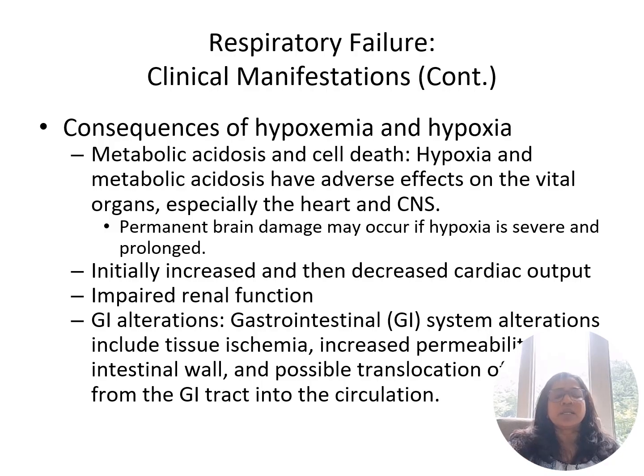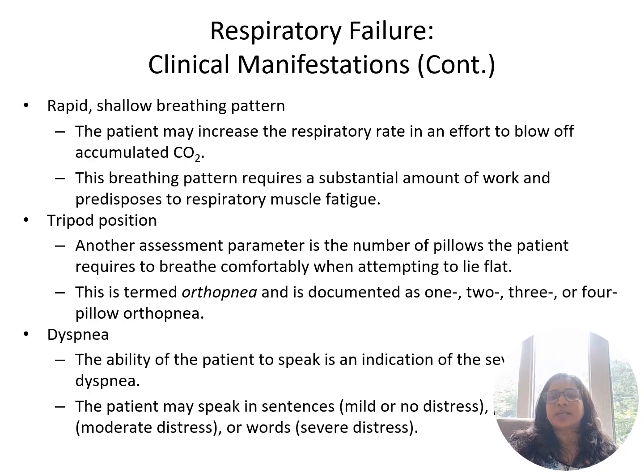GI symptoms usually occur as a result of ischemia and decreased blood supply to the GI tract. Other clinical manifestations would be rapid shallow respiration patterns. Whenever there is respiratory acidosis, our body tries to compensate by breathing at a rapid rate. That's the body's mechanism.